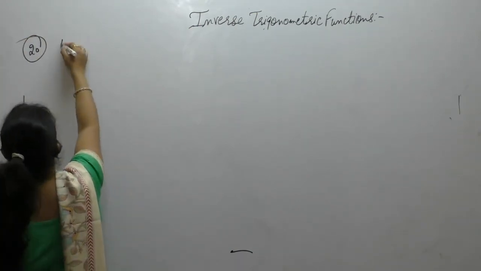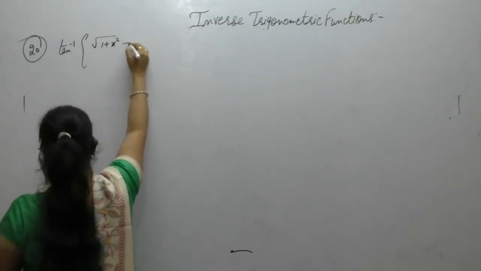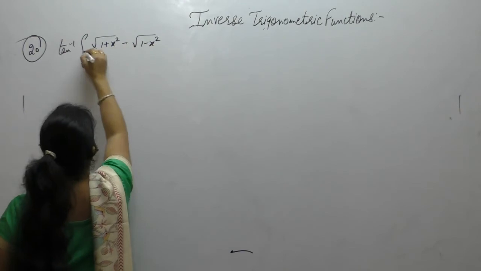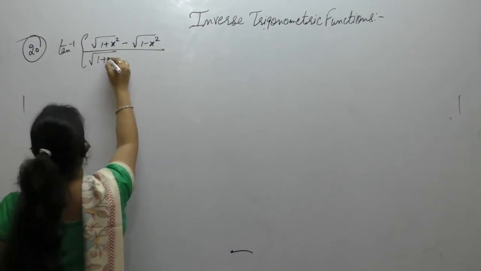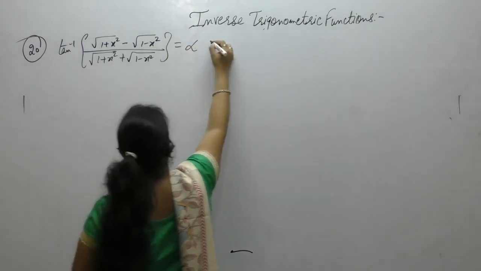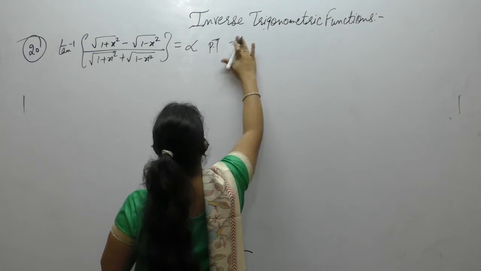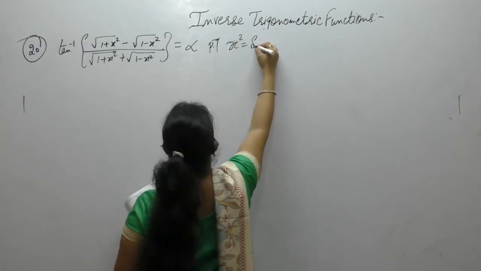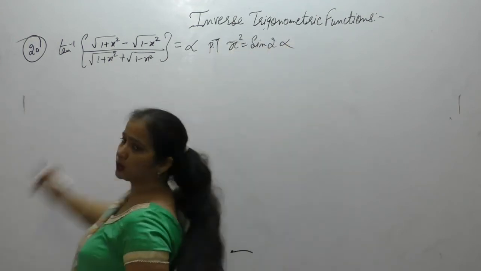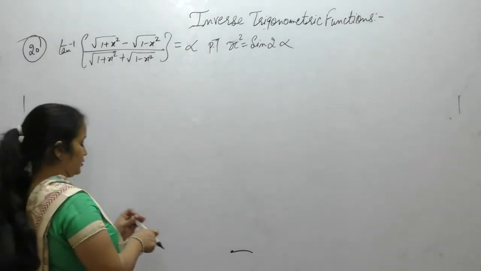If tan⁻¹ of (√(1 + x²) − √(1 − x²)) upon this is equal to alpha, then prove that x² is equal to sin 2 alpha. We have to prove x² is equal to sin 2 alpha.